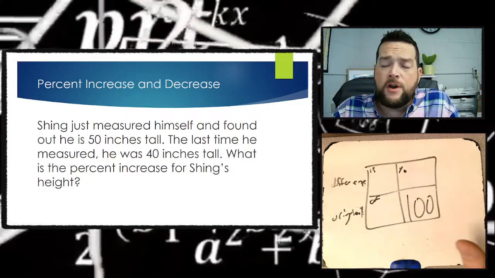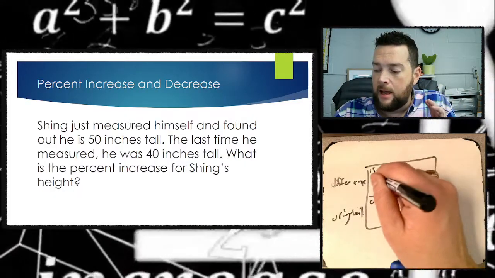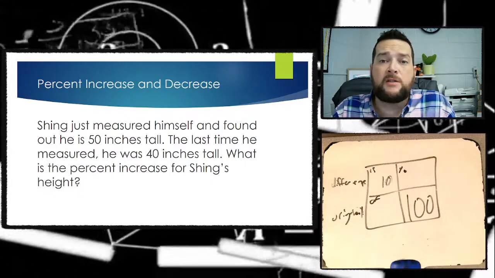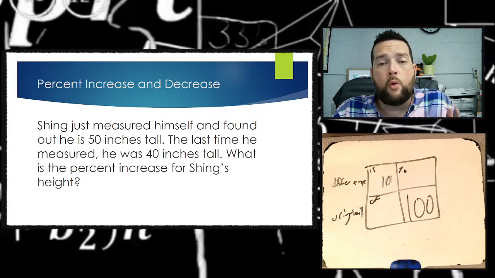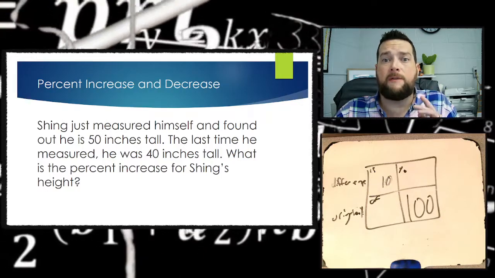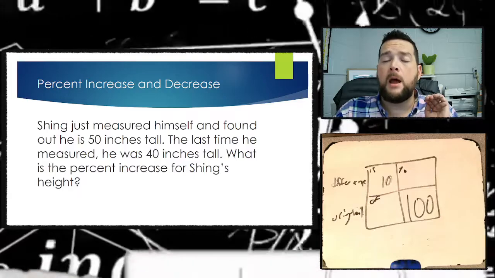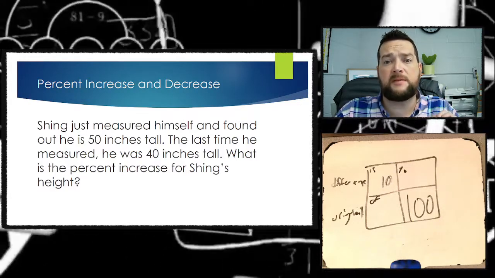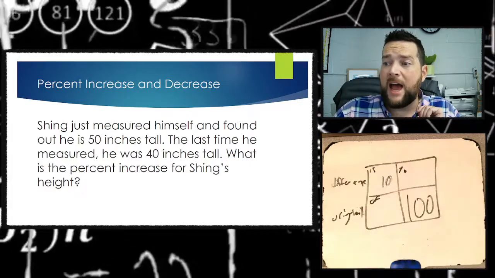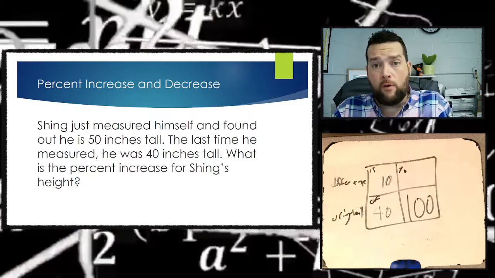So the difference between Shing's height this year and last year is 10, because 50 minus 40 is 10. And then the original height was whatever happened chronologically first. Not whatever's first inside the problem, but whatever happened first in terms of time. So last year, he was 40 inches tall. That happened before this year.